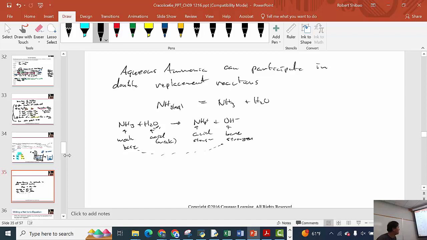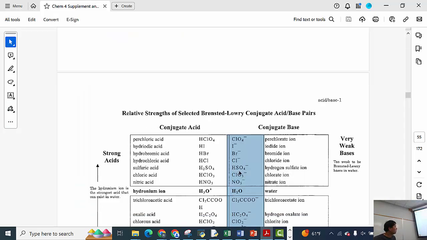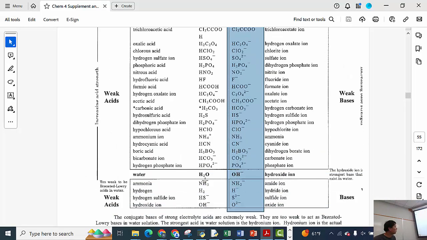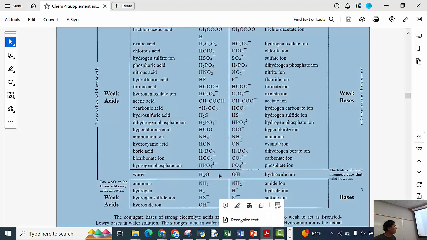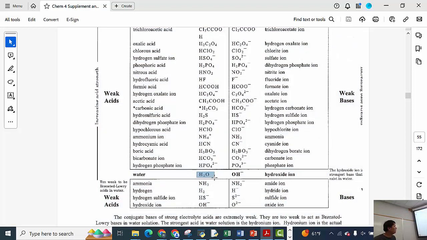Ammonium is a stronger acid than water. How do I know? Well, it's on the chart. You can take a look at the chart here. Can we do a replacement now? Right. So when I look at the acids, I see water here, and I see ammonium up here.